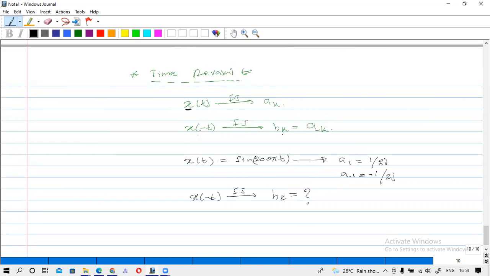You can see that b_k is equal to a_-k, so try to understand a_-k. Tell me the values.